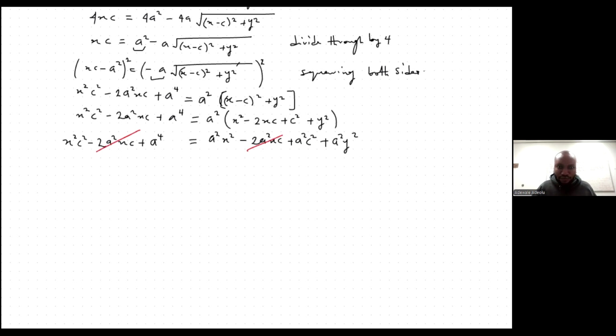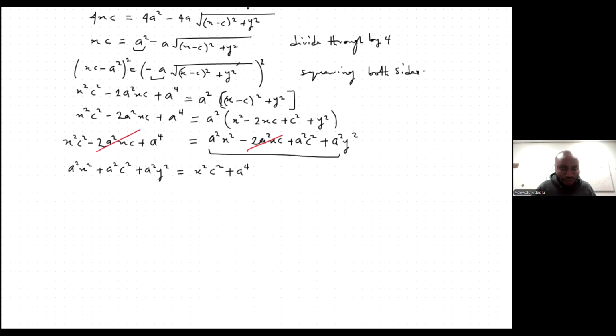I want to write everything here now: a squared x squared plus a squared c squared plus a squared y squared, and it is equal to x squared c squared plus a raised to power 4. It's the same thing. We've not done anything illegal mathematically.